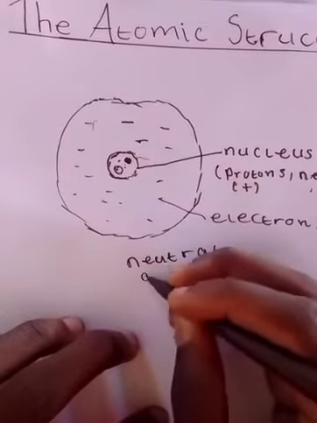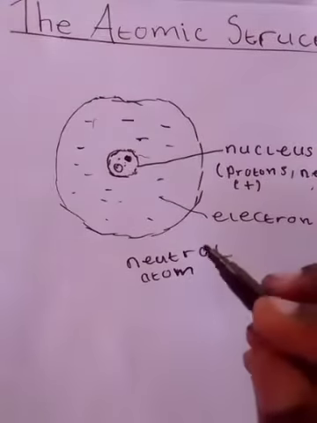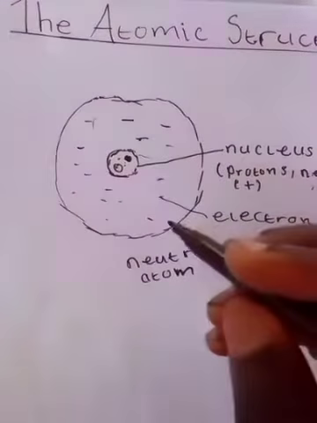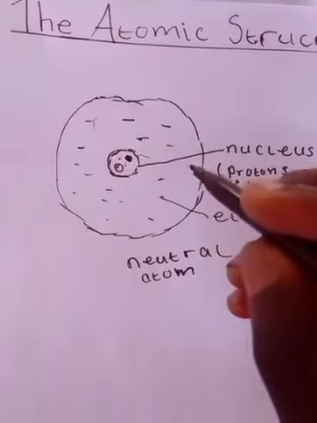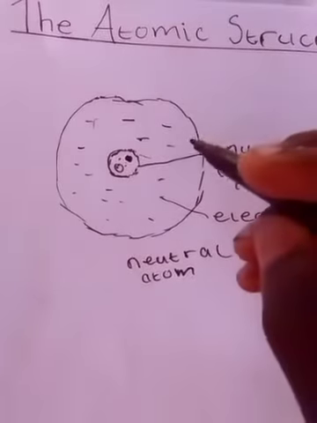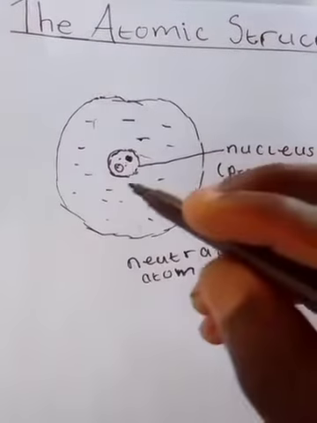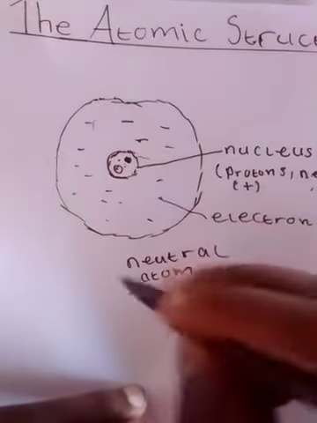Okay. So when the atom is neutral, it means that it hasn't lost any electrons. And if it hasn't lost or gained any electrons, it will mean that the number of protons and electrons will be the same. Okay, you need to know this. It is very important to be applying it when answering some questions.